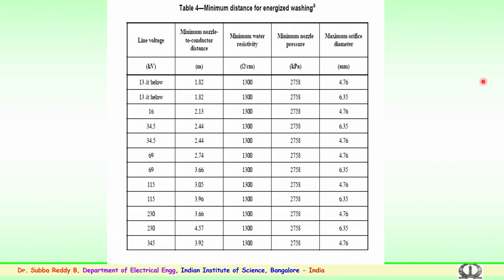This table is available in the methods for cleaning of insulators, 957. Further reading can be done, and the tables can be handy for utility personnel who regularly maintain and use these methods, particularly during energized or live line conditions.